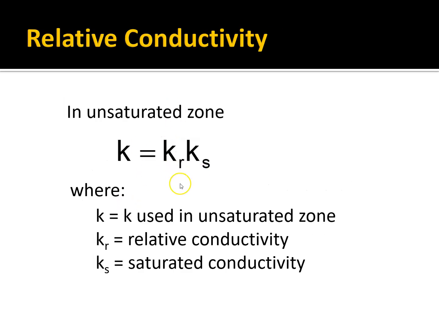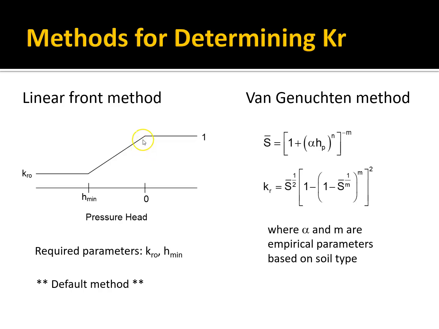Kr is this multiplier. And so where the pressure head is positive, so everywhere in the saturated zone, Kr is 1, meaning we use the normal saturated hydraulic conductivity. And then there is some minimum pressure head. So this could be, for example, -1 or -2 meters. You can think of it as literally 1 or 2 meters above the water table, or above the phreatic surface.